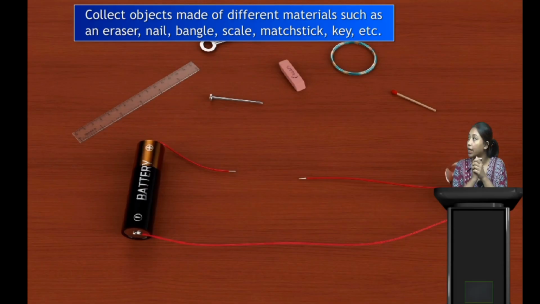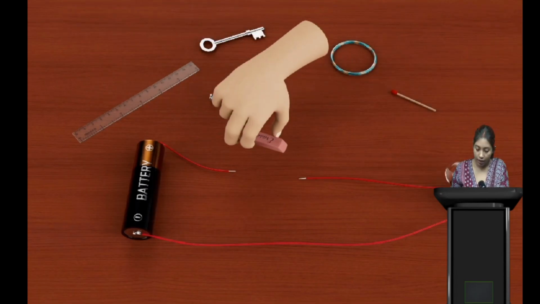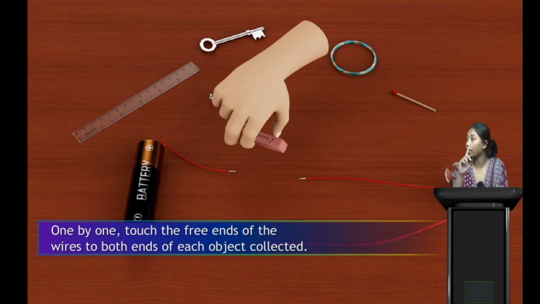Now, collect objects made up of different materials such as an eraser, nail, bangle, scale, matchsticks, key, etc. We can see there is a scale, key, nail, rubber, bangle, matchsticks, etc. Now, first thing, it says one by one touch the free end of the wire to both ends of each object collected. Now we have to do that. Take the object, place them in between.